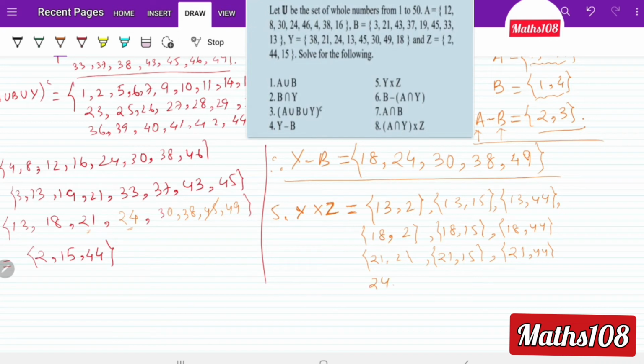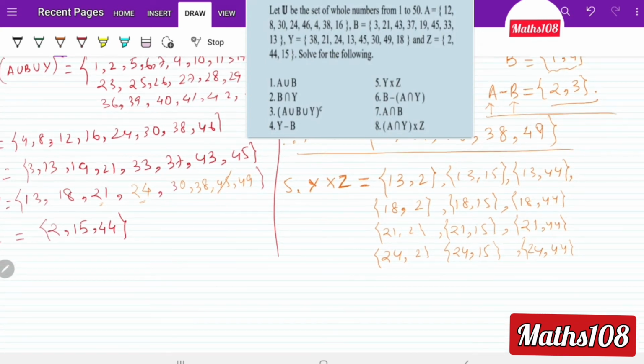After that, 24 2, 24 15, and 24 44. Then 30 2, 30 15, 30 44. 38 2, 38 15, 38 44.